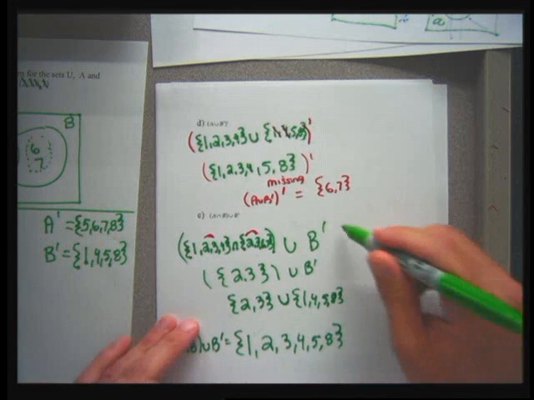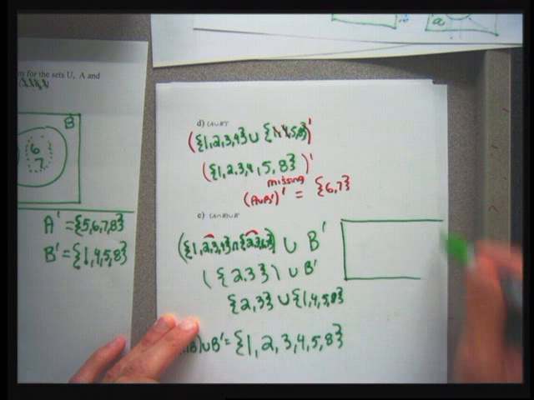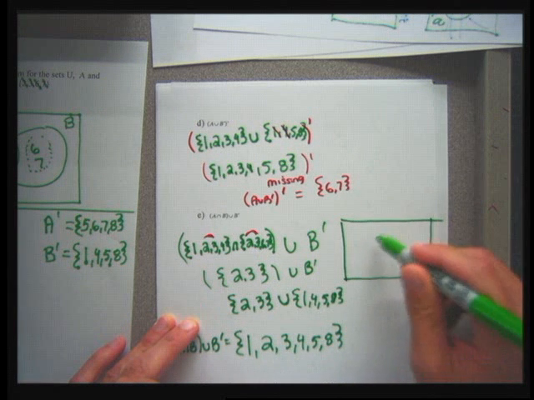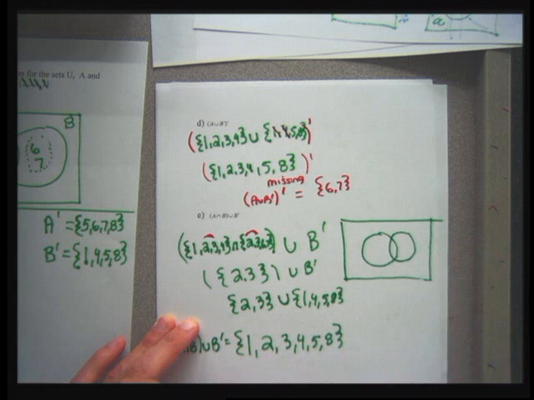For those of you that are pictorial, you probably have a better gift than me because I'm not very visually gifted. I'm more visually gifted when there's two sets than when there's three.